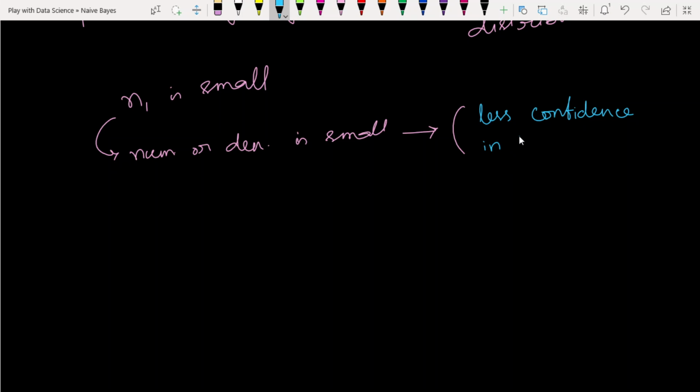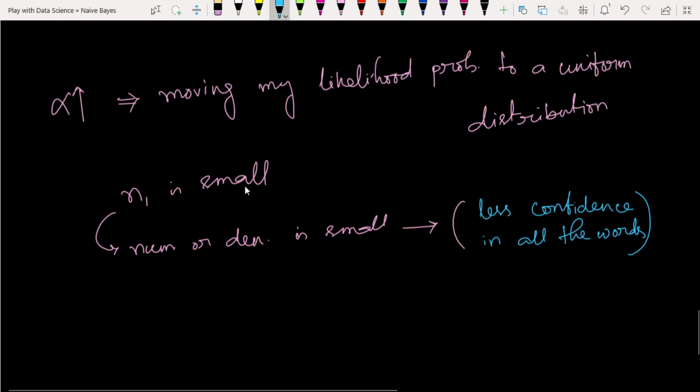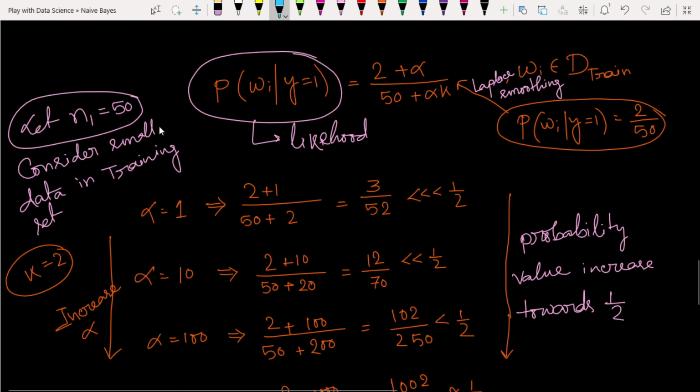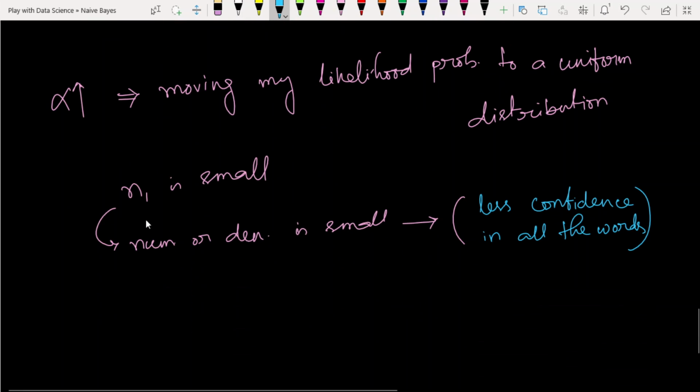It means that if we apply Laplace smoothing and our n1, the number of data points in the dataset, is small, then we are less confident in all the words and all the classes.